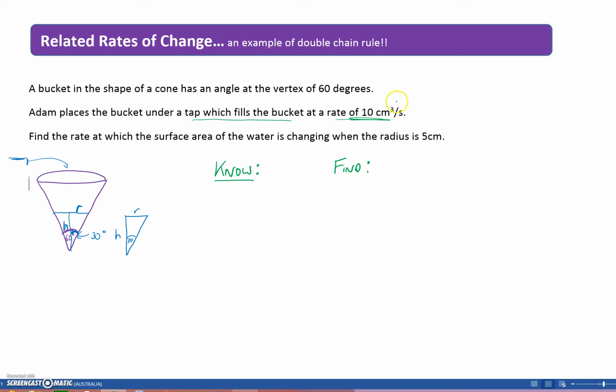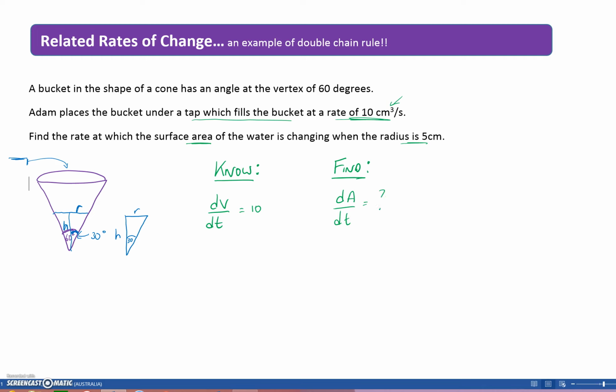So remember, even the units give you a clue of what rate that is. So we actually know dV/dt is equal to 10. And what we want to find is the rate at which the surface area is changing when the radius is 5. So we actually want to find dA/dt. That's the one that we are looking for.